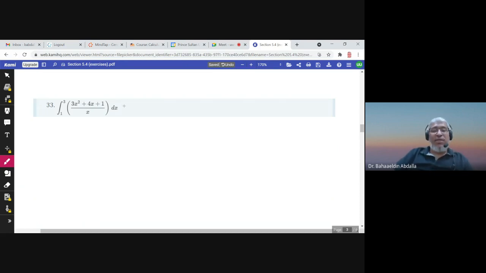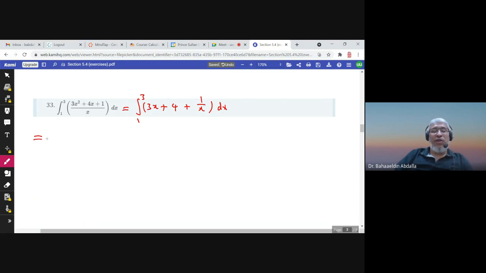To find this integral, I need to distribute first the numerator over the denominator. So 3x squared over x will give me 3x, plus 4x over x, I'll have 4, and plus 1 over x, dx.